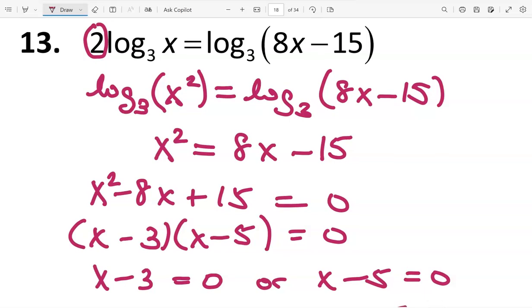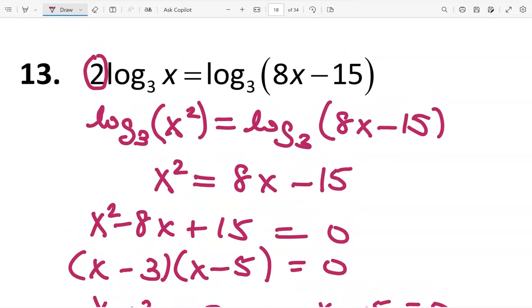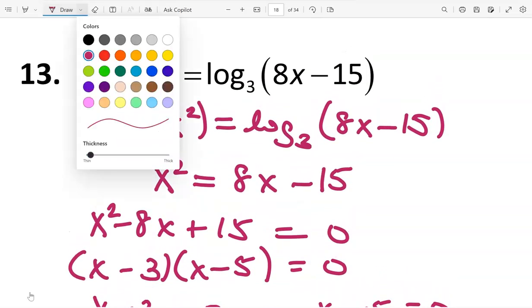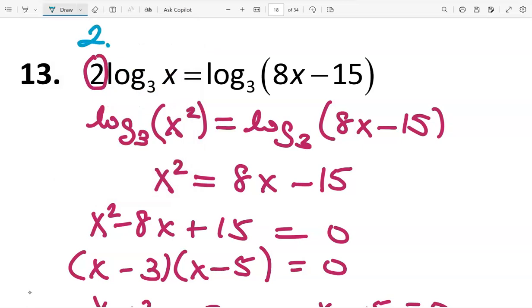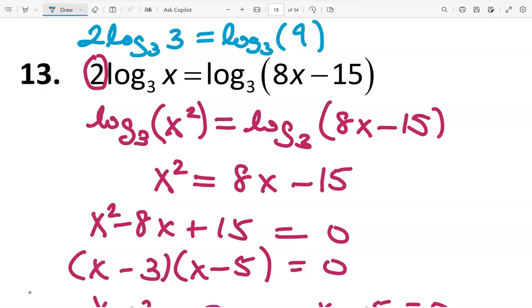If we look at the original equation, if x is equal to 3, then we have 2 times the log base 3 of 3 equals the log base 3 of, and 8x minus 15 will be 24 minus 15, which is 9. Since the arguments of both logarithms are positive, we can accept that as a valid solution.